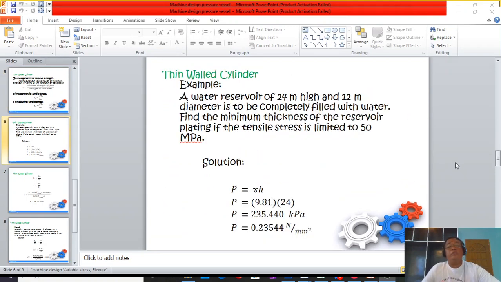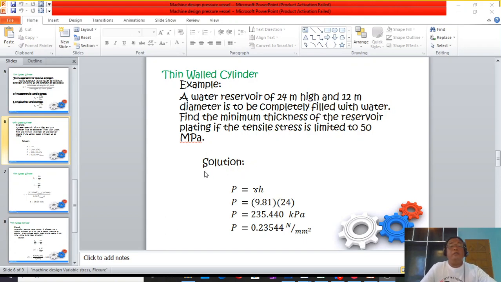And let us now consider an example. It's a thin-walled cylinder. Example: a water reservoir, 24 meters high and 12 meters in diameter, is to be filled with water. Find the minimum thickness of the reservoir if the tensile stress is limited to a given value in pascals. Take note, class, this is under hydrostatic pressure.